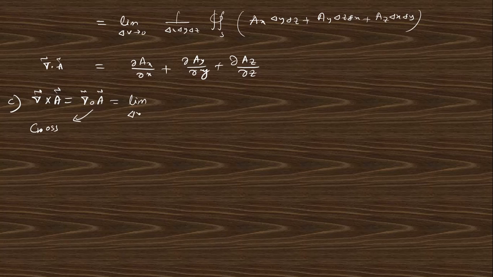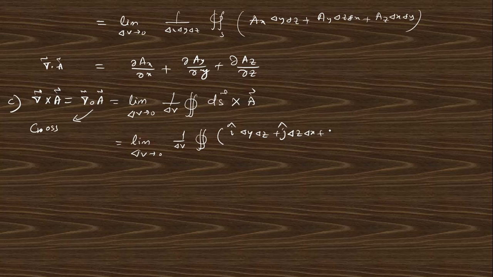So you can see the limit delta v tends to 0 of 1 by delta v, surface integration of ds cross this vector. So this can be written as the limit delta v tends to 0, 1 by delta v, and if you take this, this is nothing but i cap delta y delta z, j cap delta z delta x, plus k cap delta x delta y, cross A vector.